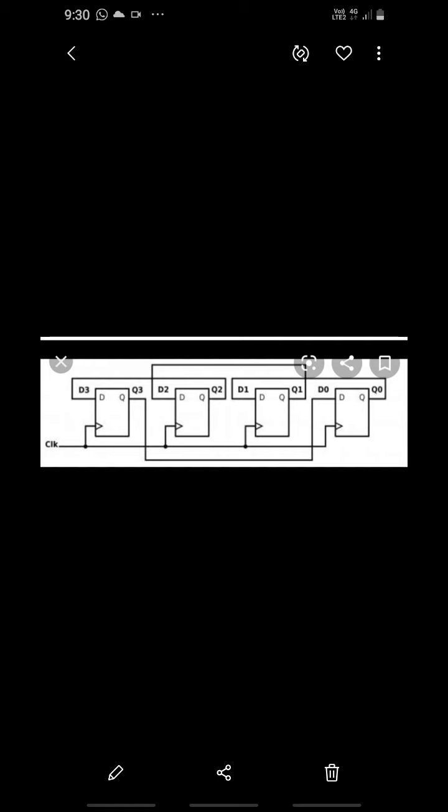Next, explain the 4-bit shift left register. The shift register that shifts the data by 1 bit to the left is known as the shift left register.